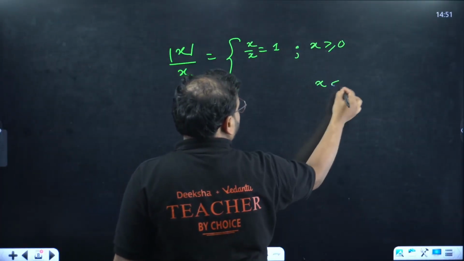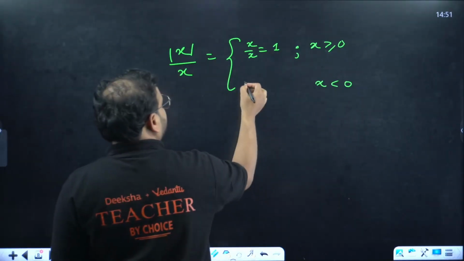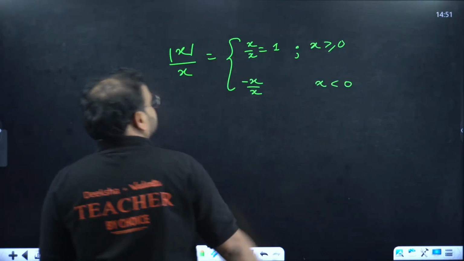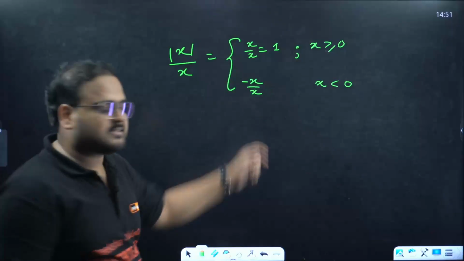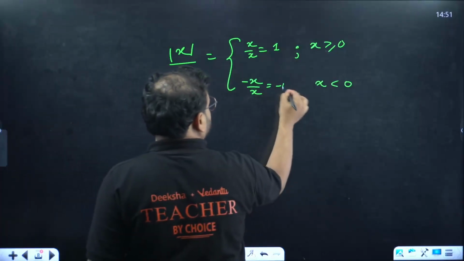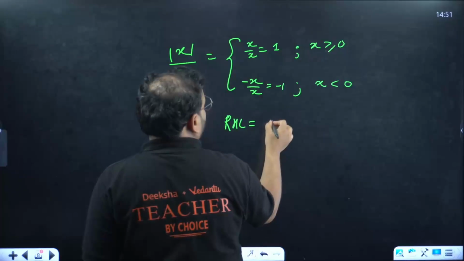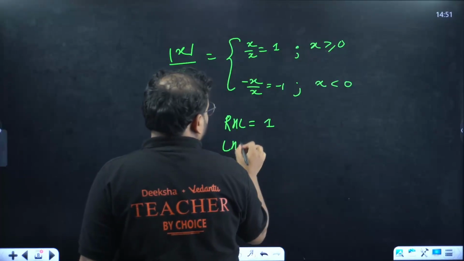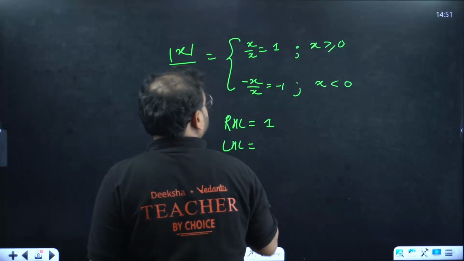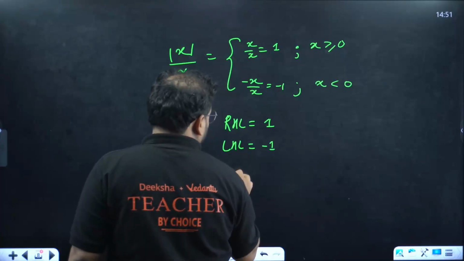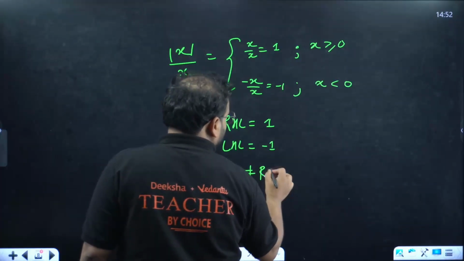But when you go and find this on the left hand side of 0, which is negative, it will become minus x by x, since mod will be minus x. So this becomes what? Minus 1. Check here. Your right hand limit in this case is equal to 1, and left hand limit is equal to minus 1. You can say that the LHL value is not equal to RHL.